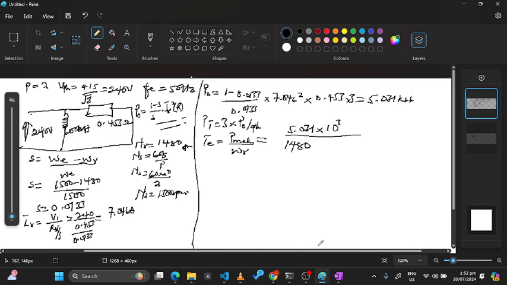To calculate torque in Newton meters, your speed has to be in rad per second. So to convert this to rad per second, we multiply by 2 pi on 60. So I can send the 60 to the top here, and this will give me what?